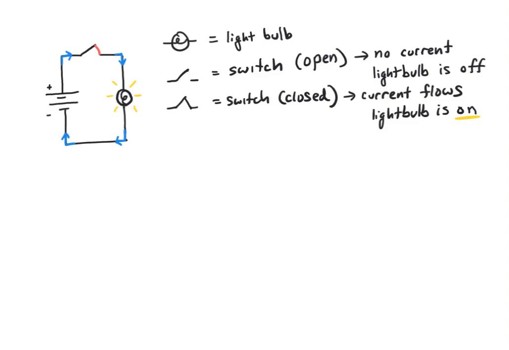When he said that, by open the lights, he meant turn the lights on. By saying close the lights, he meant turn them off. But in the context of a circuit, if I open a switch, it means I'm turning the light bulb off because I'm preventing current from flowing. If I'm closing a switch, I'm allowing current to flow, which means my light bulb will be on.